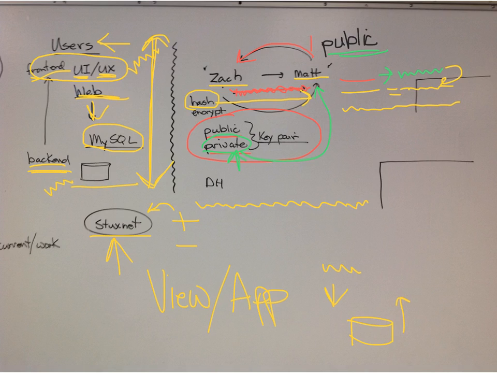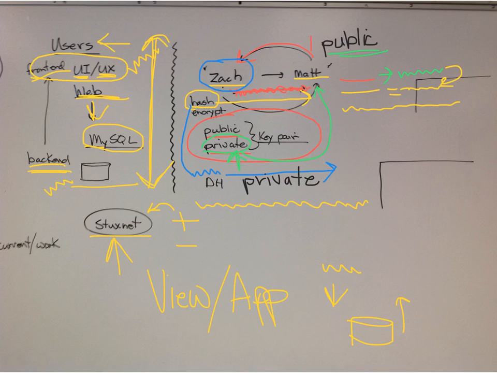The final thing. I'm going to use blue for this. Zach, let's start again here. Zach also has a public and private key. So he can take this hash and encrypt it and also send that over. He'll encrypt it with his private key.